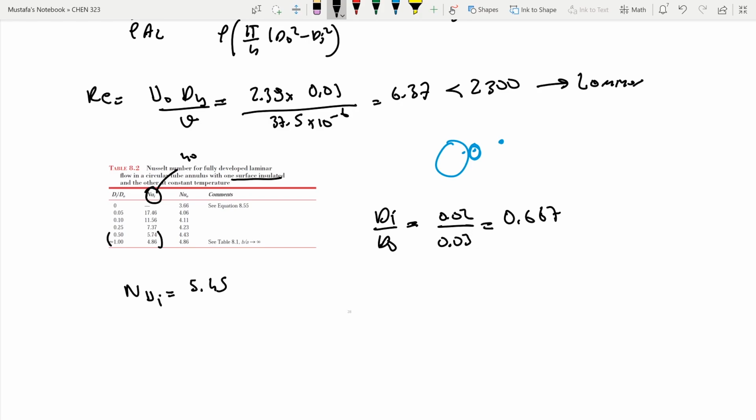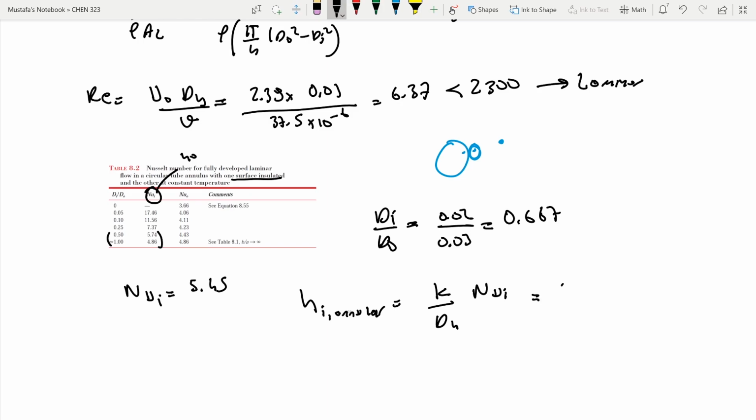So that means if I want to calculate H bar for the annulus, this is for the annular region, H inner annular is equal to K over d_H times Nusselt number inner. Okay? And in this case, let's say first H inner.